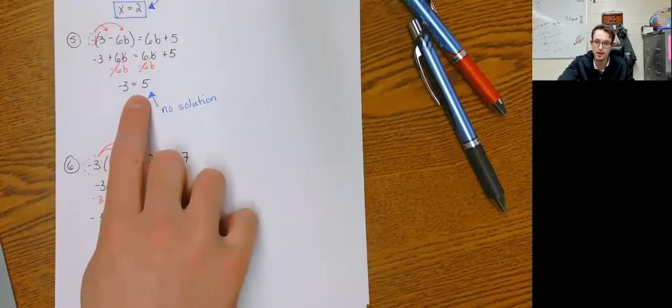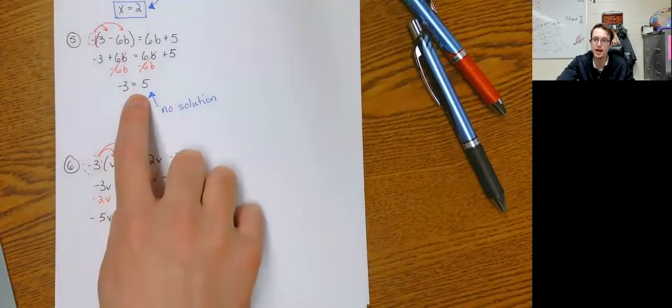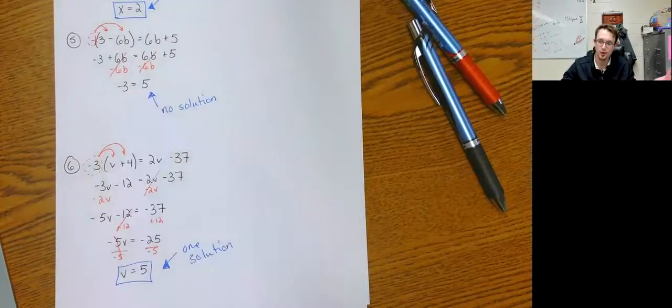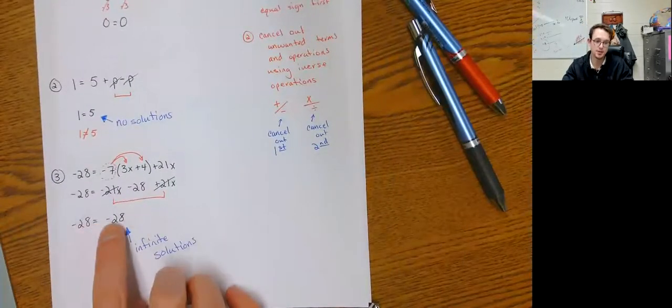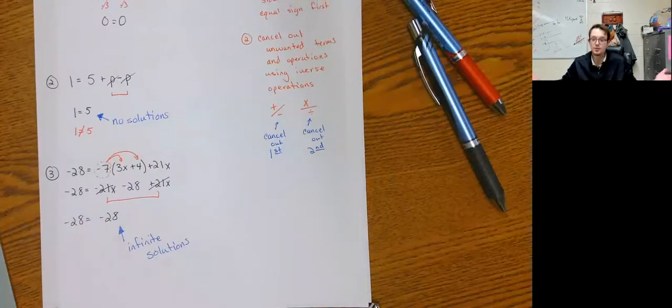No solution when I get a random number equals another random number, right? Like -3 equals 5. No, it does not. And then infinite solutions when you get the same number equals the same number, because yeah, that's true. -28 equals -28. And that tells me that I have infinite solutions.